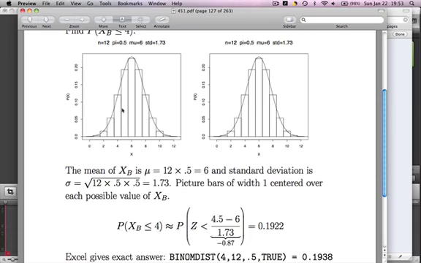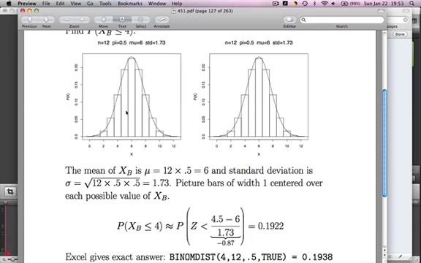Now, if we just started at 4, we would be cutting off half of that bar centered over 4, and that would not be a good idea. So instead we're going to try to capture that entire bar. So we're going to say that the chance that we have a binomial less than or equal to 4 is approximately equal to the chance that we have a normal less than or equal to 4.5.